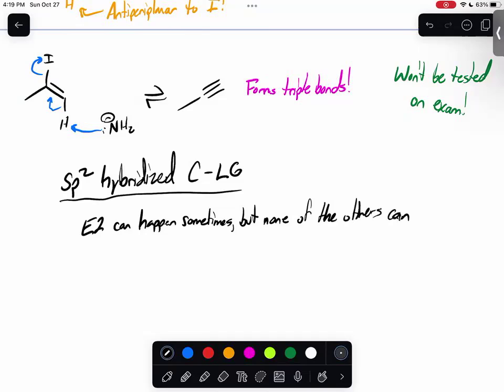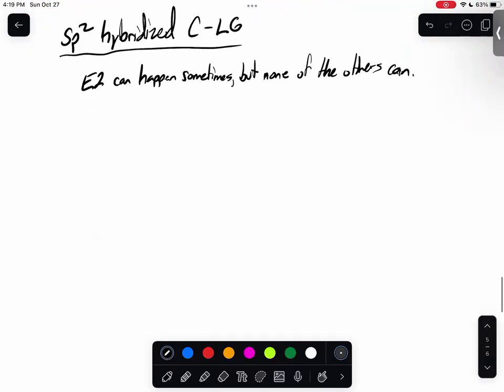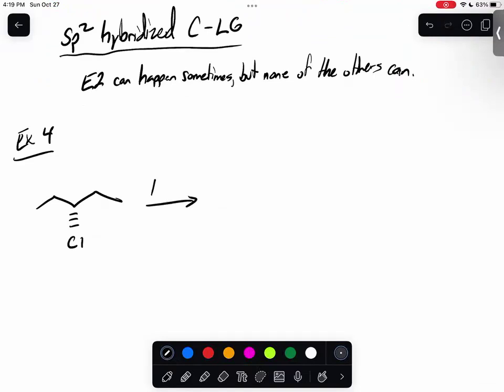Okay? So let's go on to another example that's back to the relatively normal examples that we've been looking at. So for this one, let's say that we had a structure that looks like this. Okay. So for this structure here, first we've got to figure out what type of carbon the leaving group is on.